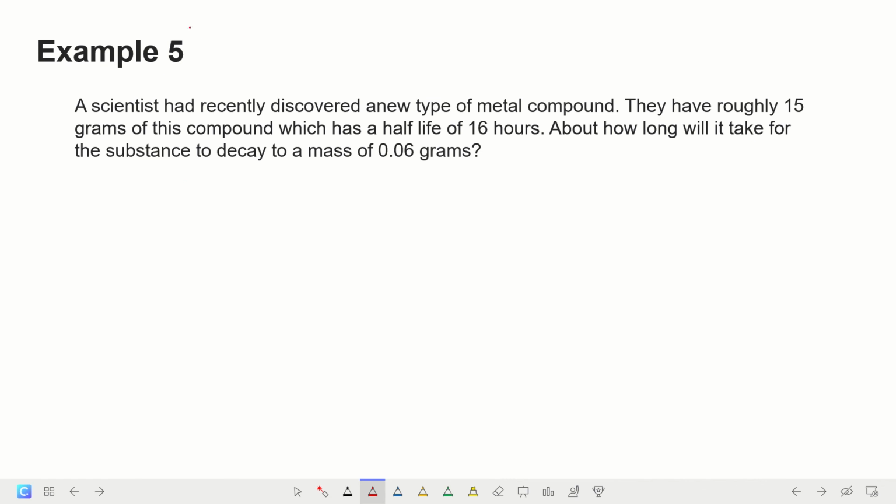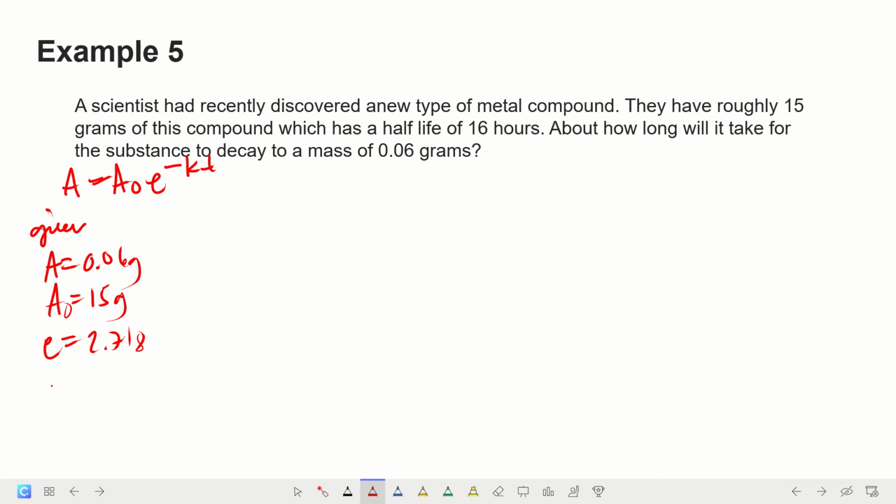So, our given again, our equation is a is equal to a sub o times e raised to negative kt. So, the given: a is 0.06 grams, a sub o is equal to 15 grams, e is equal to 2.718, and k, we calculated it and resulted to 0.04332168, and then we need to look for the value of the time.